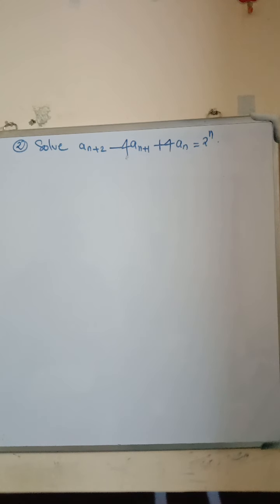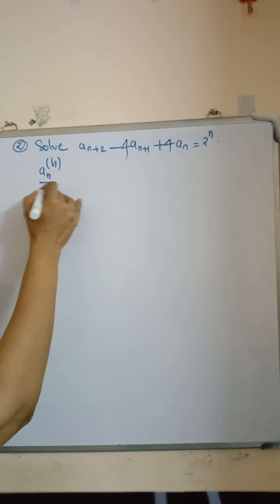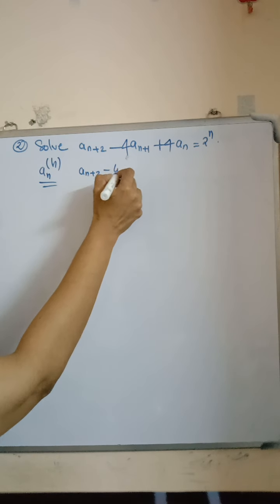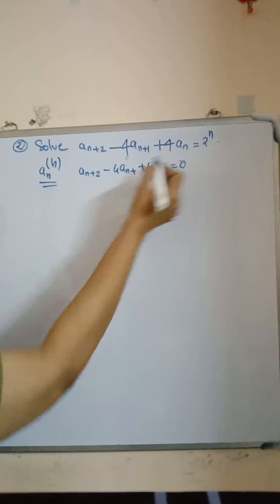Now we discuss the second problem. Solve a n plus 2 minus 4 a n plus 1 plus 4 a n is equal to 2 raised to n. For the homogeneous solution, consider a n plus 2 minus 4 a n plus 1 plus 4 a n equal to 0.